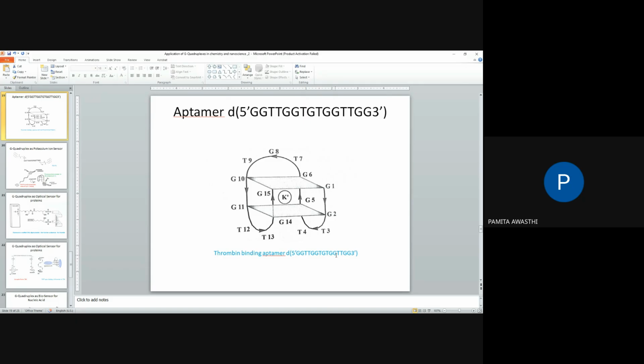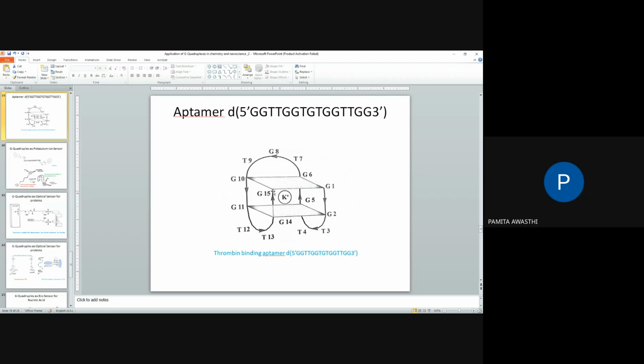So nanomolar concentration of this DNA aptamer can inhibit the formation of fibrin clots, which results from the thrombin activation. So this single strand aptamer can form a unimolecular G quadruplex. So you can see over here, it can form this type of unimolecular G quadruplex that is shaped like a chair.